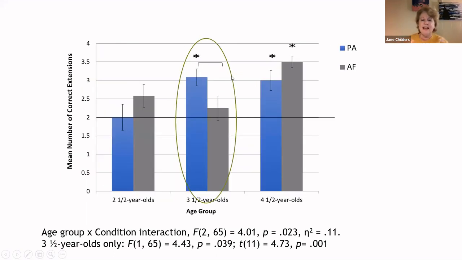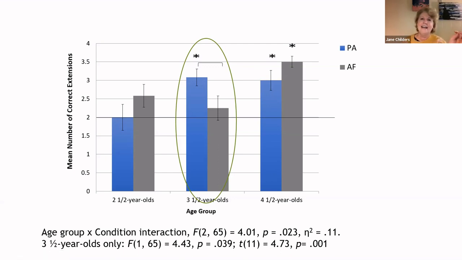And so what we found in this study was that the great looking they were doing didn't lead to them being successful at that age. So we found a benefit for progressive alignment in looking, but it didn't in itself lead to success. However, 3.5-year-olds did well in the progressive alignment condition only, although they didn't show differences in looking.